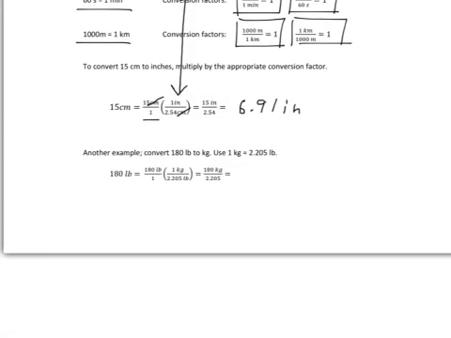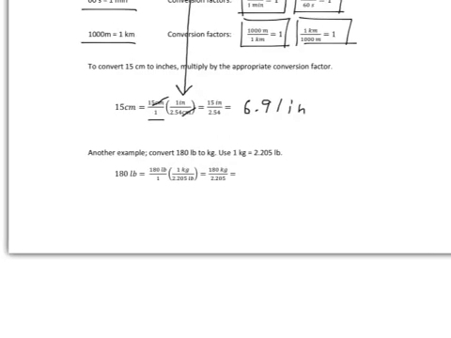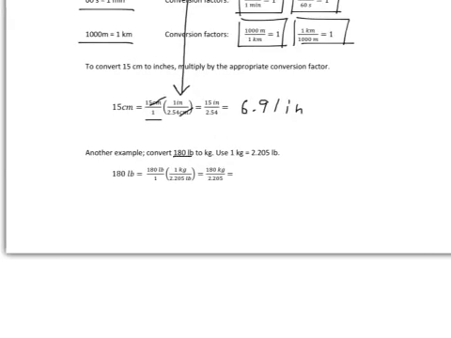Here's another example. This involves masses or weights. I convert 180 pounds to kilograms, and I use this to generate a conversion factor. So again, I first write 180 pounds in the numerator over 1, just to emphasize that it appears in the numerator.